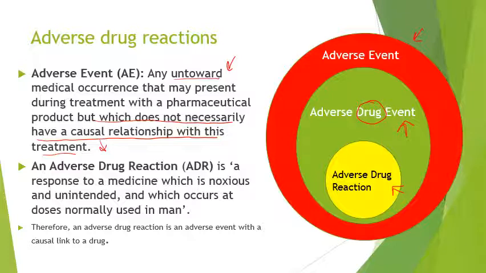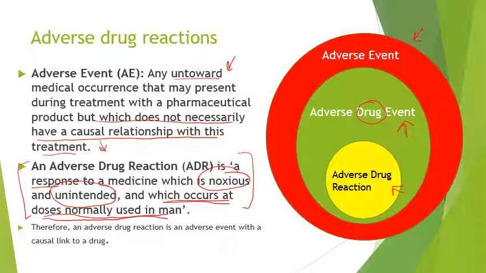Now talking about adverse drug reaction, this is an important definition. An adverse drug reaction is a response to a medicine which is noxious and unintended, which we did not want, and which occurs at a dose normally used in man. This line is all what ADR is.